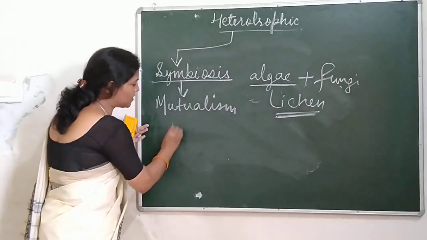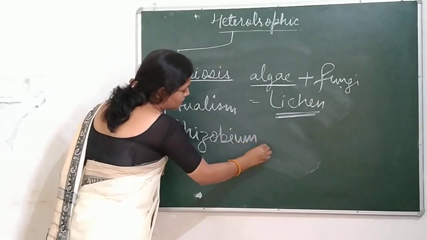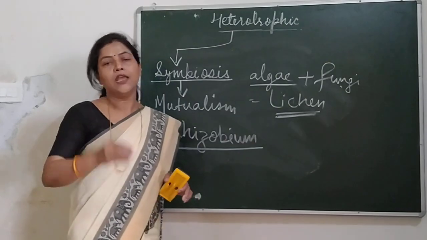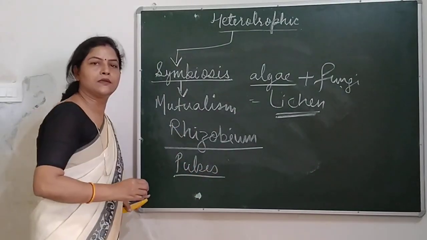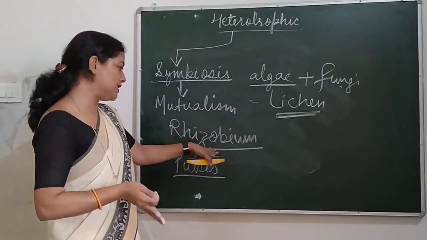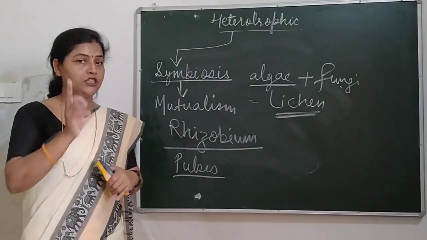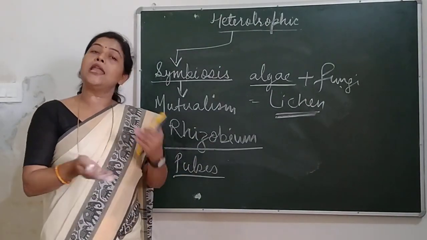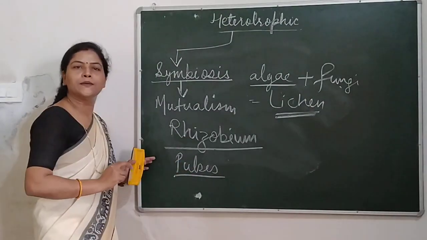Another example is, you must have heard about rhizobium. Have you ever heard about rhizobium bacteria? This rhizobium bacteria is found in the root nodules of leguminous plants. Leguminous plants means pulses, don't get confused, pulse plants. In that, this rhizobium bacteria is found. What does it do? This rhizobium converts atmospheric nitrogen into soil nitrogen, which is the essential part of plant nutrition. And in return, it lives on the leguminous plant.